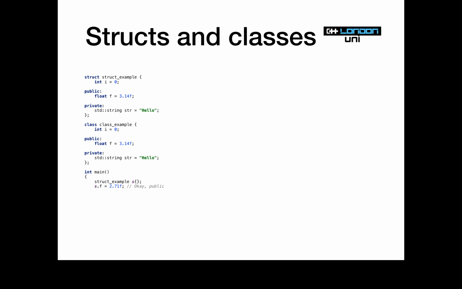So I've created an instance of this first one here. I try to access the member f. Well, that's in the public section, so we can read it, write to it, just fine. However, the string, this is in the private section, so that's a compile error.